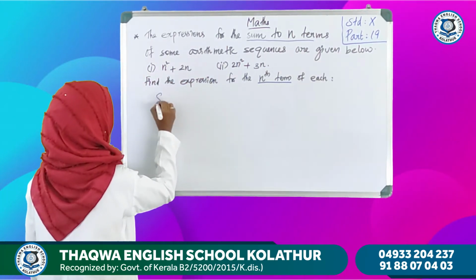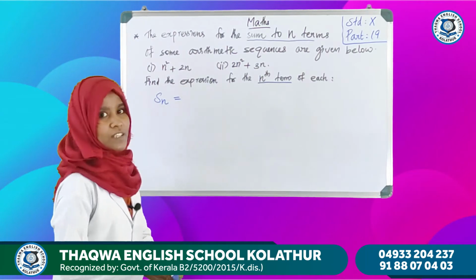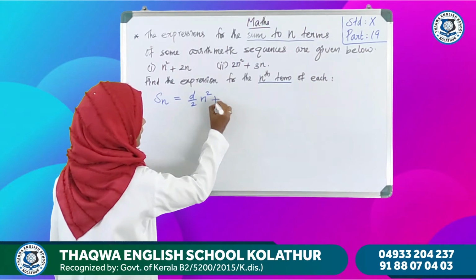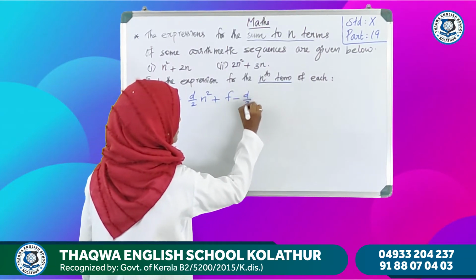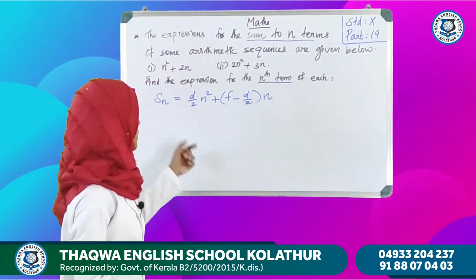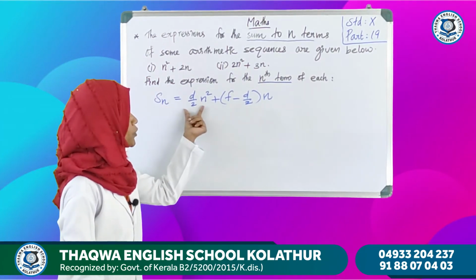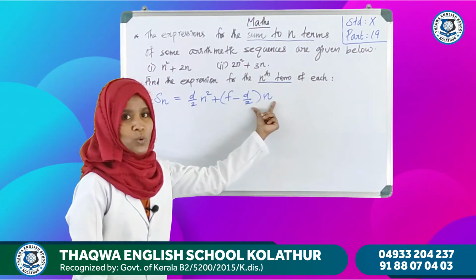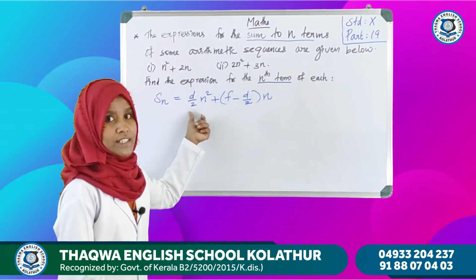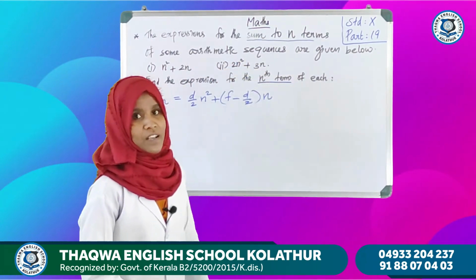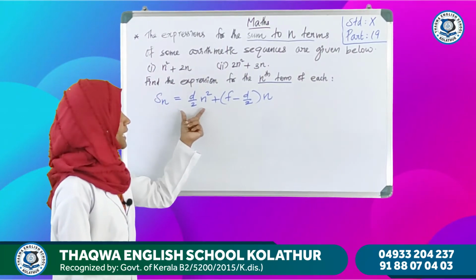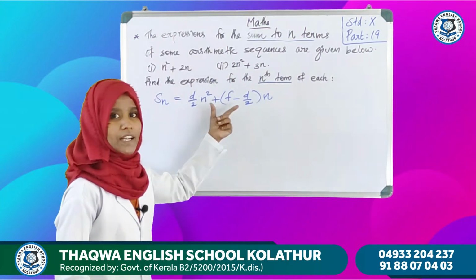We discussed in the last class that the sum of first n terms is d by 2 n square plus f minus d by 2 n. Do you remember pn square plus qn, the general form of sum of first n terms?